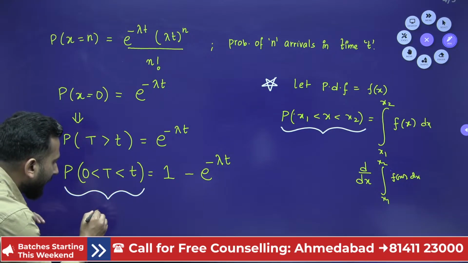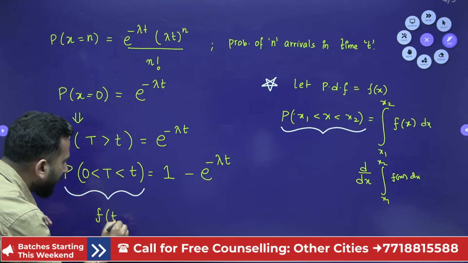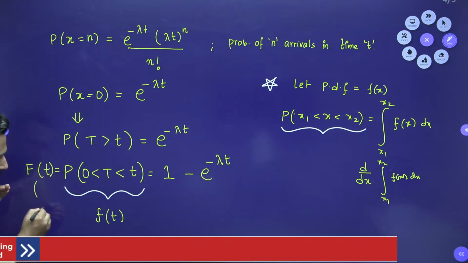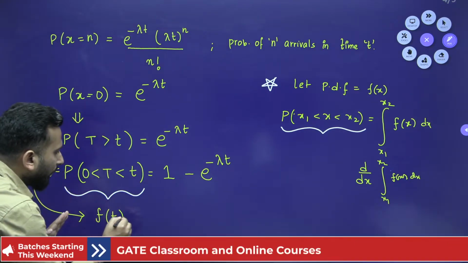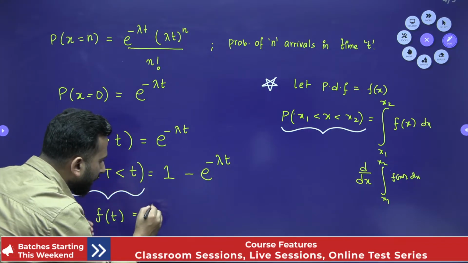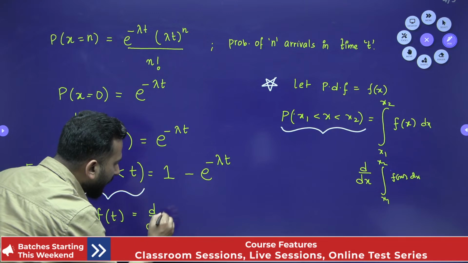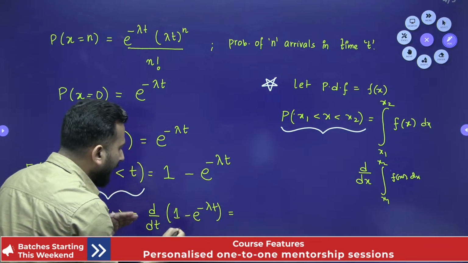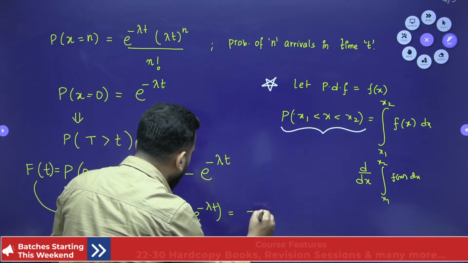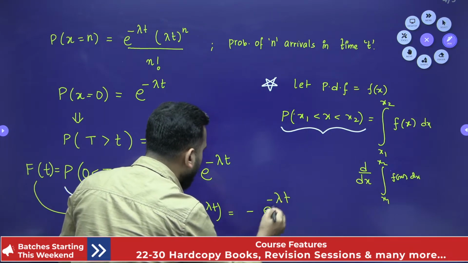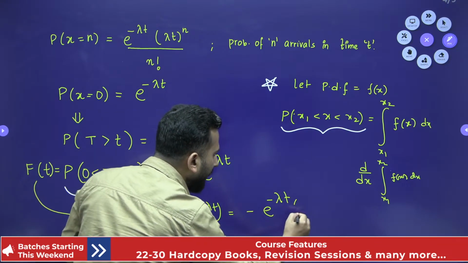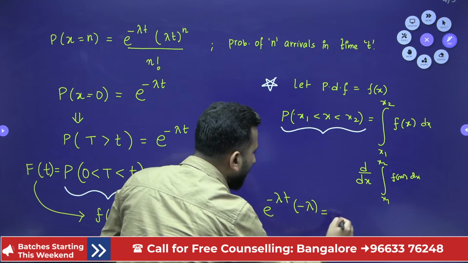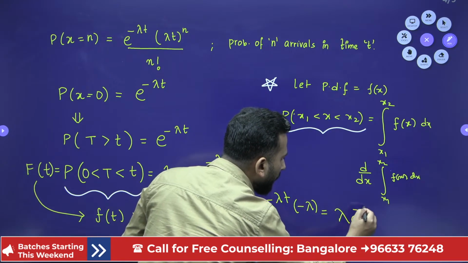If I have to get the density function, small f of t, I will have to differentiate this with respect to t. And what would we get? We would get 0 minus e raised to minus lambda t, and then minus of lambda, and ultimately the minus gets cancelled: lambda e raised to minus lambda t.